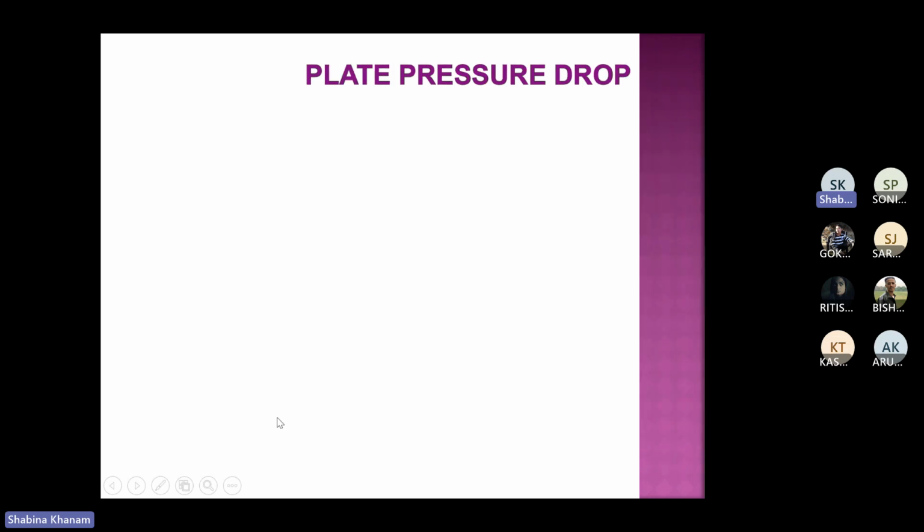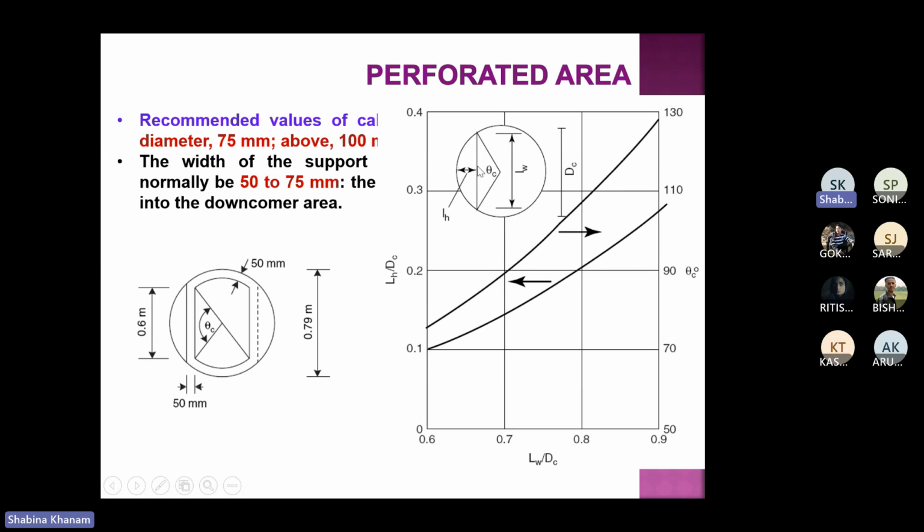But this is the only graph through which you will get this LH value. So this should be a small LH. Whatever value we get for small LH by DC, it will give you the LH value, and that we will use in the AIChE method. So you can find the calming zone area, and that should be deducted from the active area to find the perforated area.